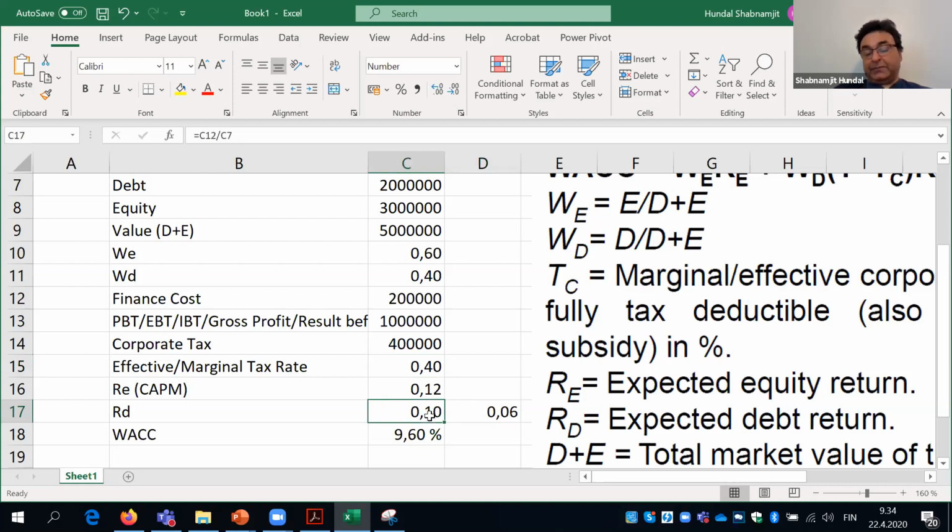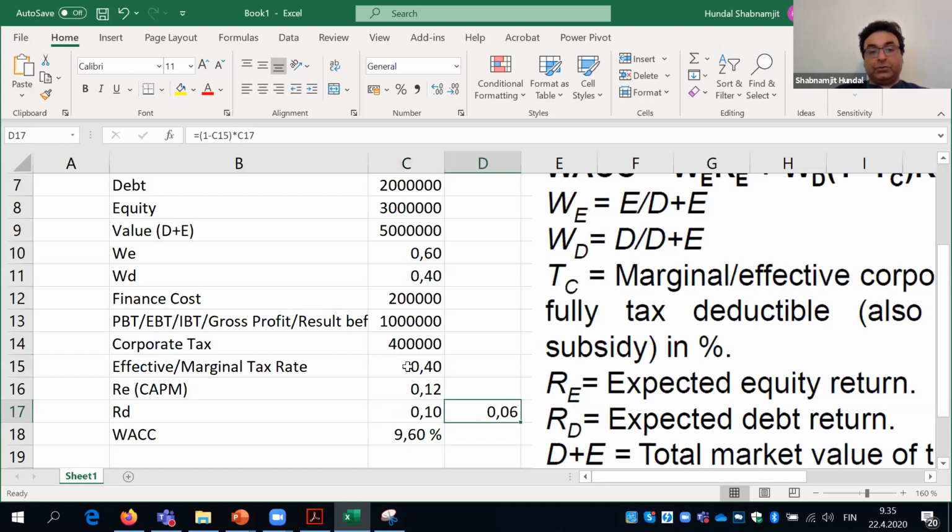Why not 10%? If you see 10% and 6%, there is a reduction of 40%, and that 40% reduction in the interest rate is what is in the books. This is what you actually do.